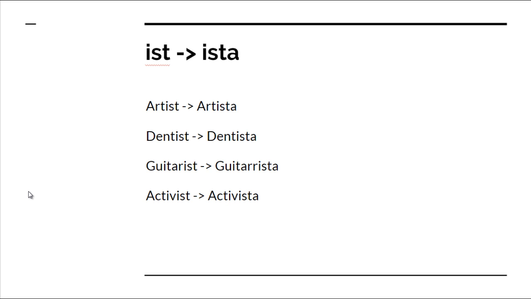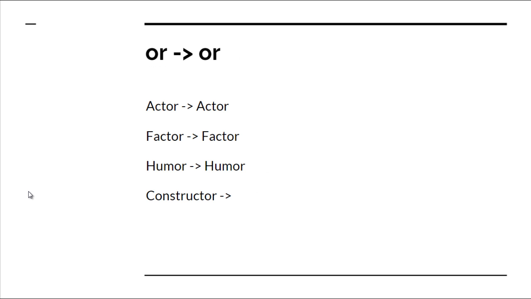And the final little rule that I have for you is, well, words that end with or in English also tend to end with or in Spanish. And some examples of this are actor in English, and in Spanish it's the same.